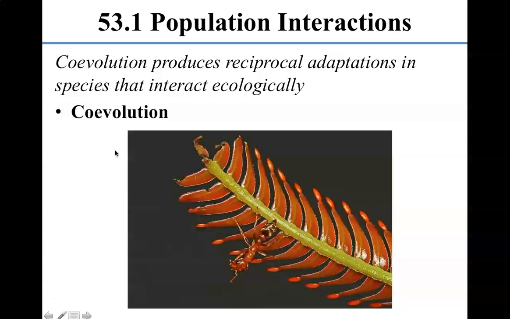And then the antelopes, the fastest ones, survive the cheetahs and are able to reproduce and have kids. So the next generation is faster, which means the next generation of cheetahs is faster, and so on and so forth. So eventually you get really fast antelopes and really fast cheetahs. So that's an example of coevolution. So these are just two examples of the ways that species interact and how evolution shapes them.